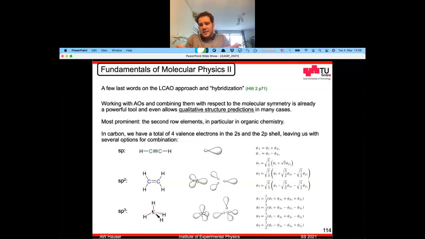And simply by looking at what I've shown you here, you can derive certain features that are then macroscopically relevant, such as reactivity or melting point or whatnot, simply from this molecular orbital theory. So it's a very powerful concept, and we will use it a lot in molecular physics as well as chemistry.